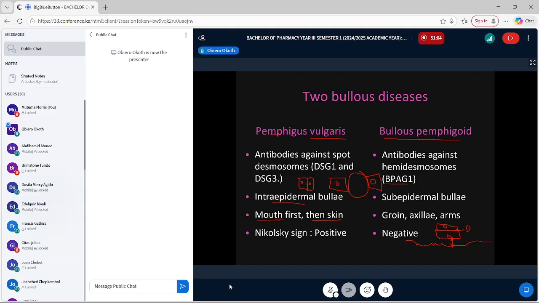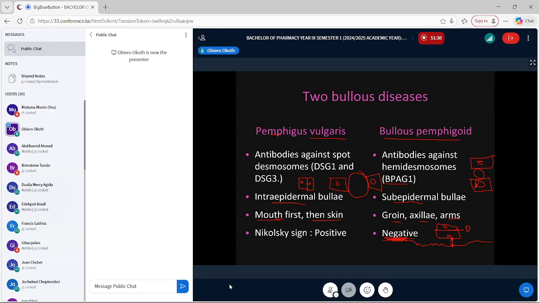The blister now will be between the epidermis and the dermis, not intraepidermal. This normally happens only on the skin, so you only find this reaction on the skin. You get a subepidermal bulla on the groin, on the axilla, and on the arms.